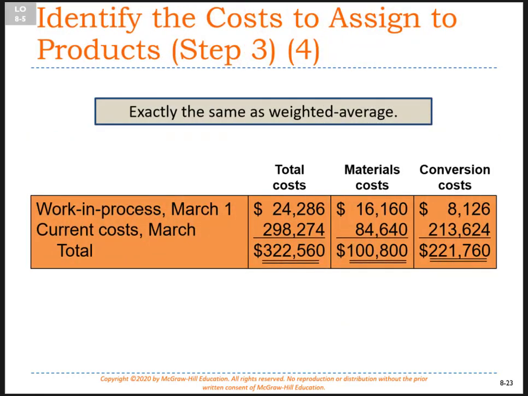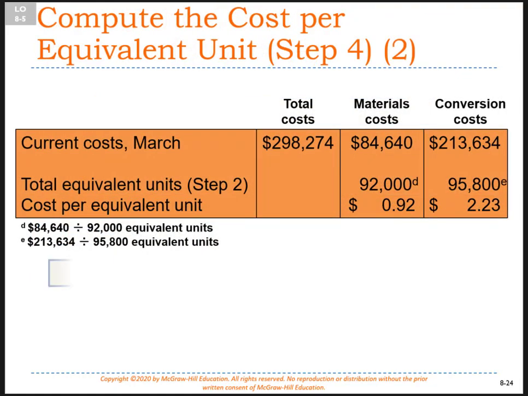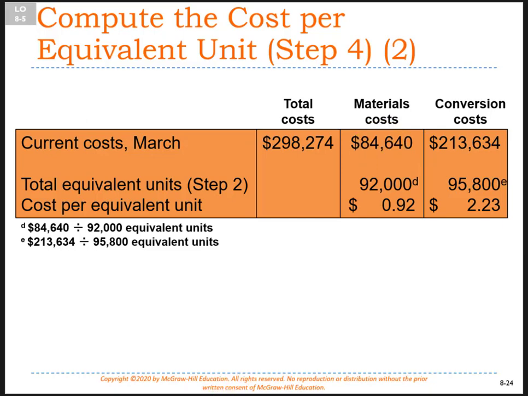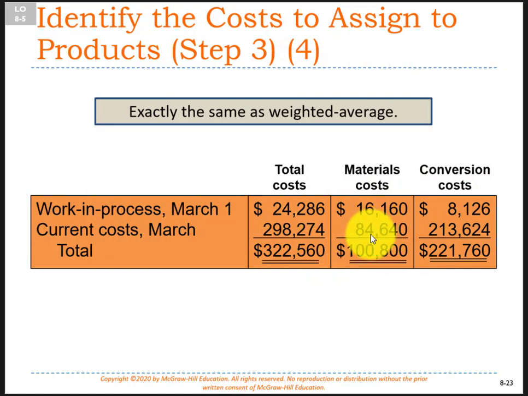Now, the costs to assign is the same. We still have to account for all of our costs. That's no different regardless of our method, or our assumption. But when we calculate the cost per equivalent unit, we only use the current costs, only the 84,640 that were added, right?